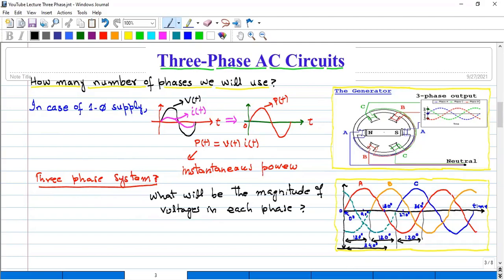The next important question is, what will be the frequency?